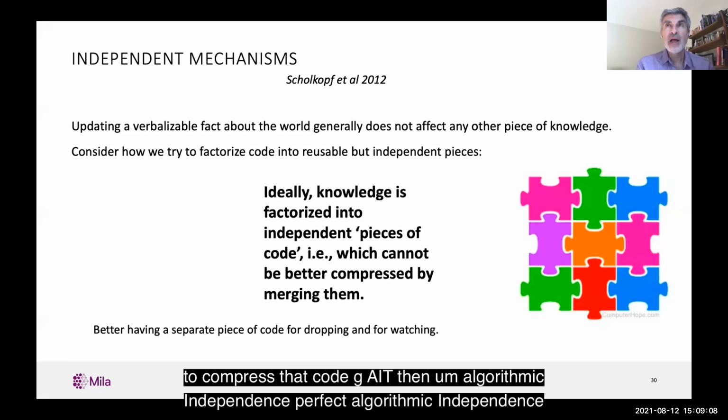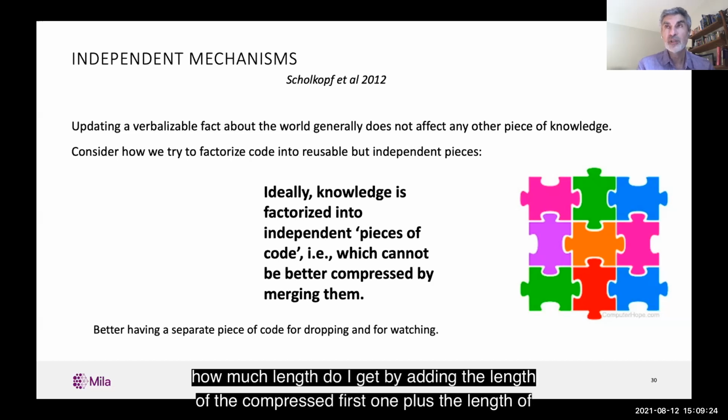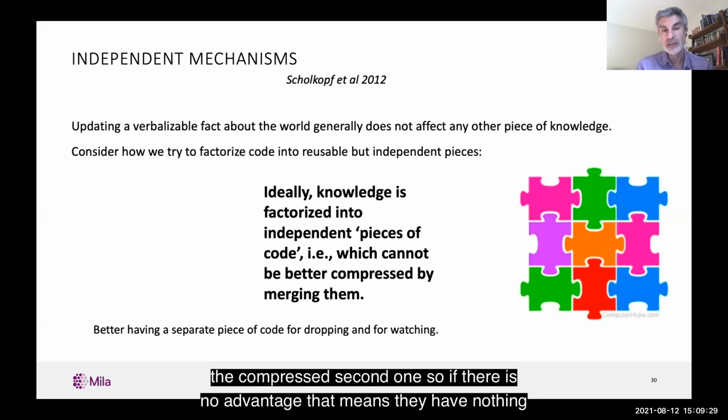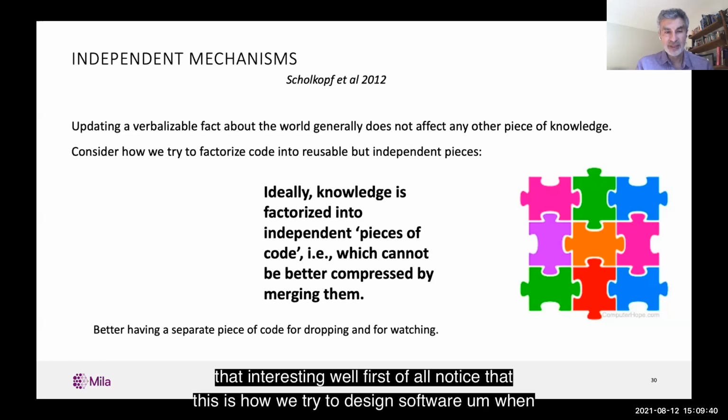Then perfect algorithmic independence would mean that there is no advantage in terms of compression length by compressing two of these mechanisms together versus compressing them separately, and then, of course, how much length do I get by adding the length of the compressed first one plus the length of the compressed second one. So if there is no advantage, that means they have nothing in common, and they are kind of independent in this algorithmic sense.